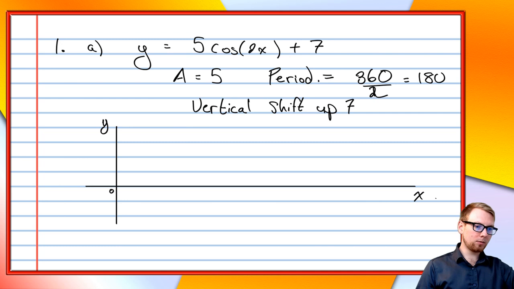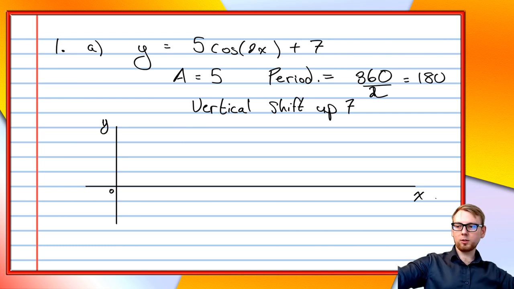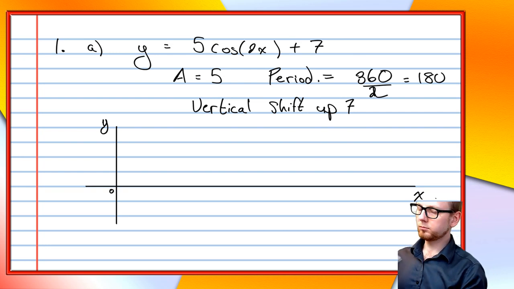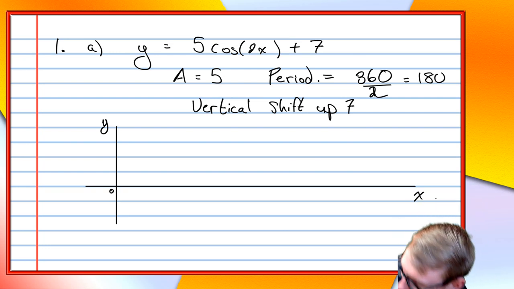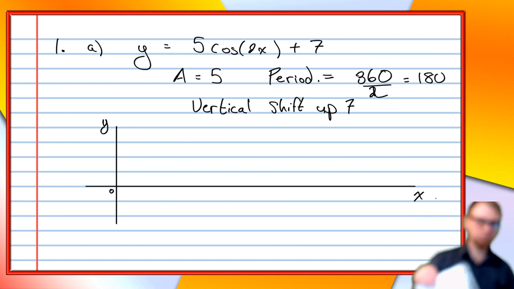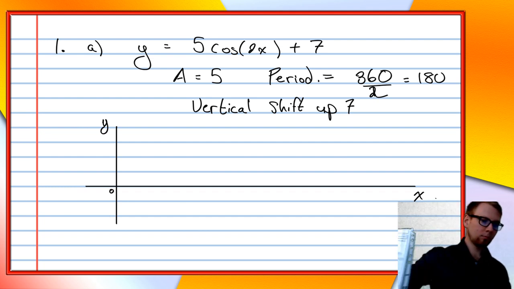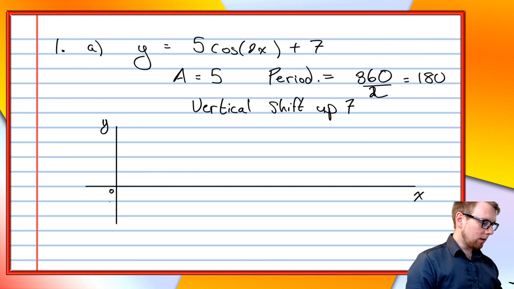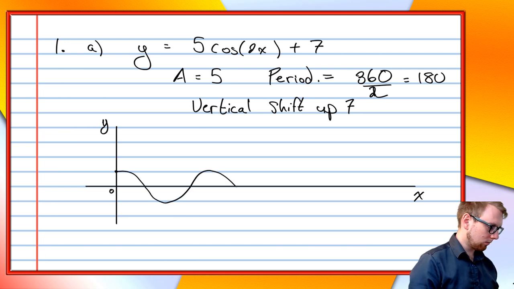Just what's cosine of 0? Yeah, 1. So the regular graph, if I just make this like a 1 here, cosine goes down like this.